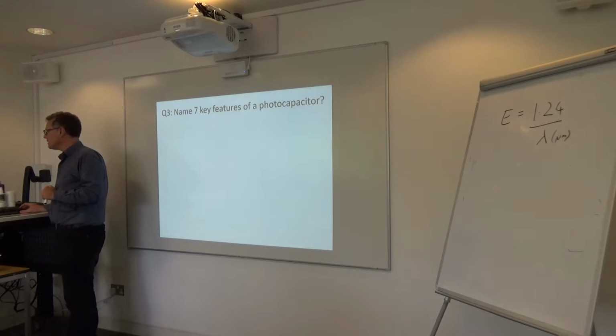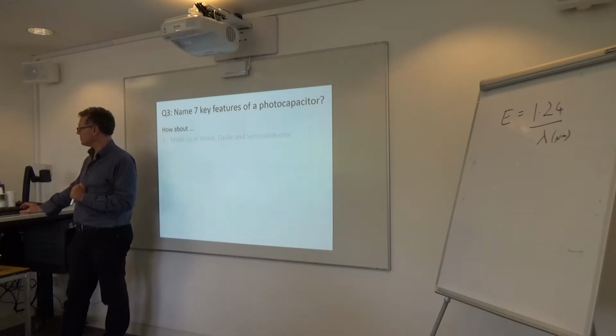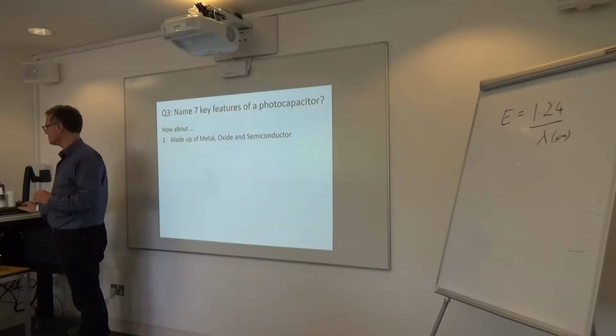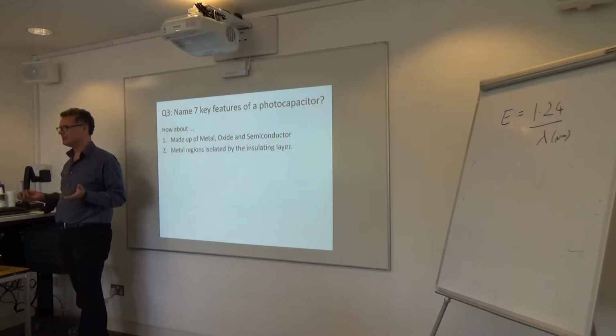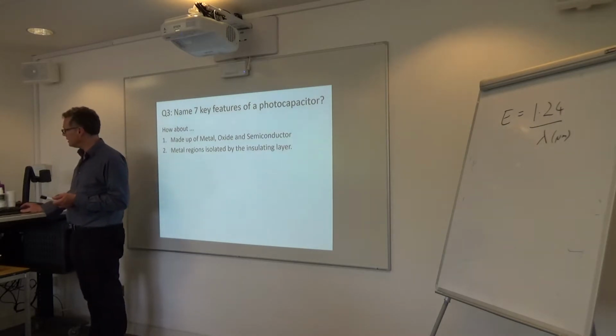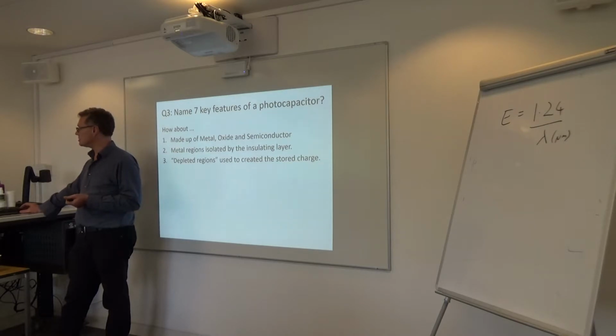So, 7 key features of a photocapacitor. Let's go for, first of all, you could mention its name, the metal oxide semiconductor. Obviously these days it's not made out of metal. The metal regions need to be isolated by an insulating layer. There's going to be depleted regions when it's in operation.